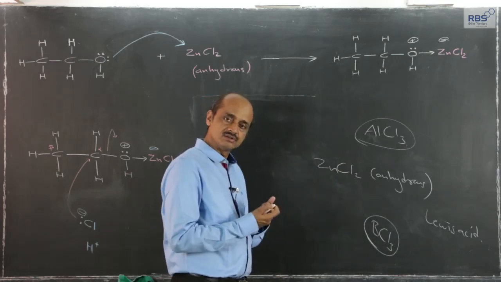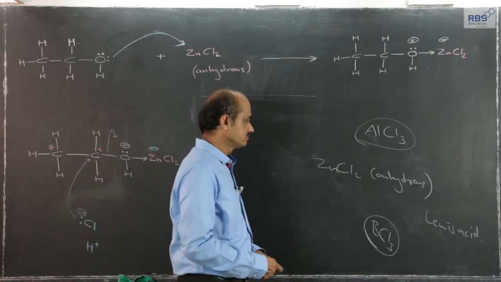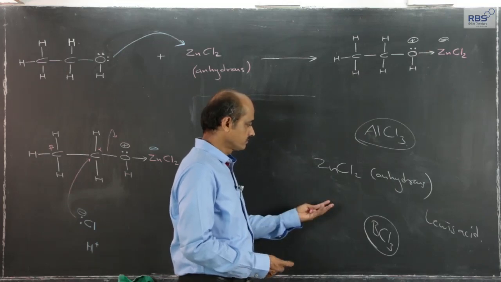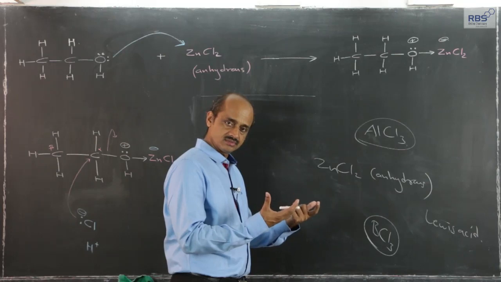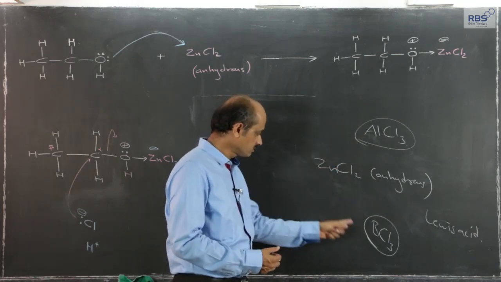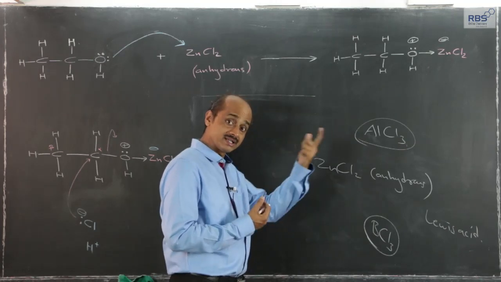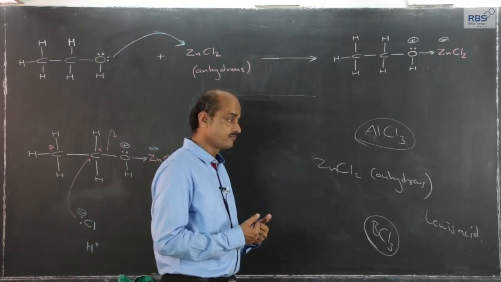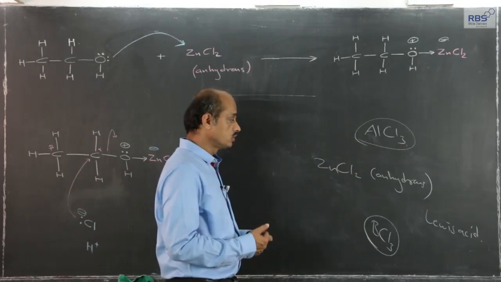These accept the lone pair and form a coordinate covalent bond, and therefore the substances, which can be cations or neutral molecules, that have the capacity to accept a lone pair made available by some other species, molecule or ion, are called Lewis acids.